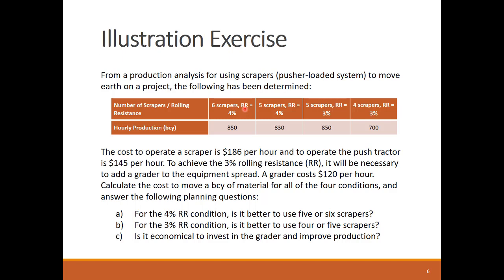The second scenario is similar but utilizes 5 scrapers. The third scenario also utilizes 5 scrapers, but its rolling resistance is reduced by using a grader. The highest expected production is achieved by implementing the first scenario.